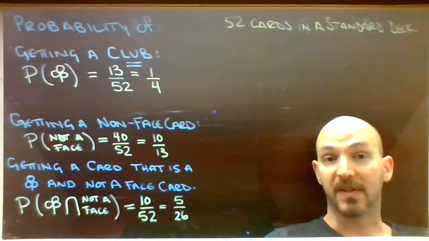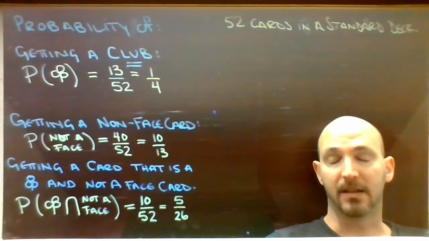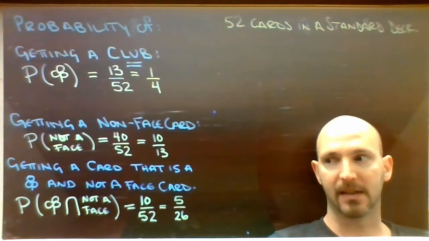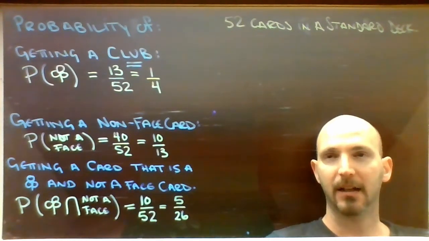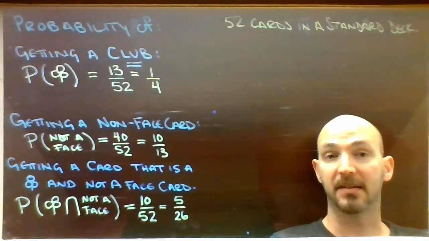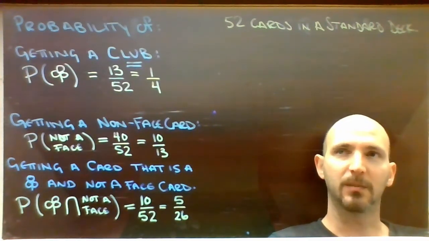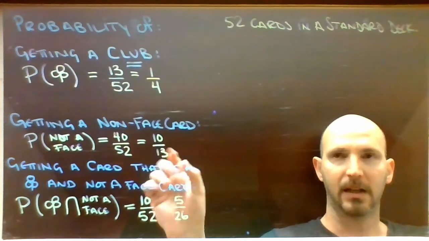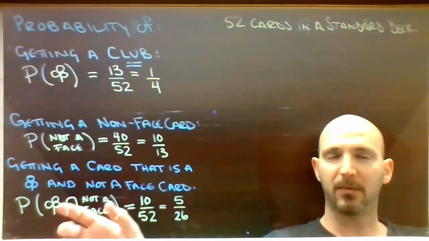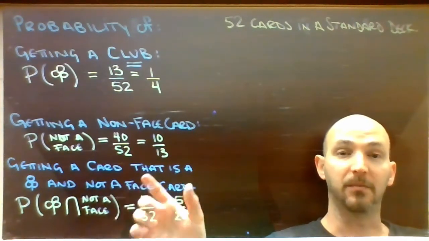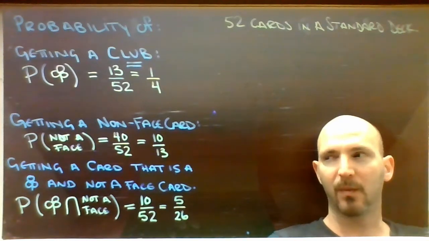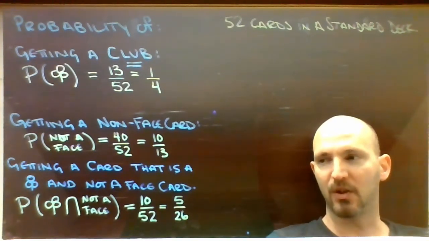Now that's fine for something that we know about, something that you can take. You can take a deck of cards and spread them out on the table, and you can count the things that meet both of these criteria. But the real advantage of probabilities, and when you're dealing with statistics in particular, is that if you know the probability of one thing and the probability of another thing, you should be able to calculate the probability of something being both of those quantities. And it doesn't have to be things about suits and face cards.